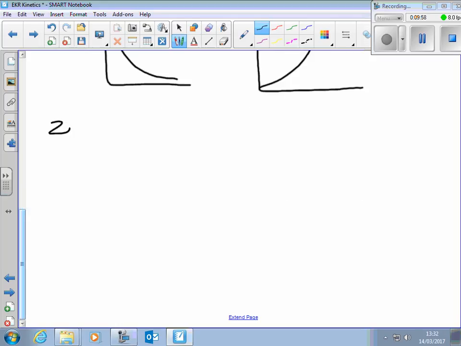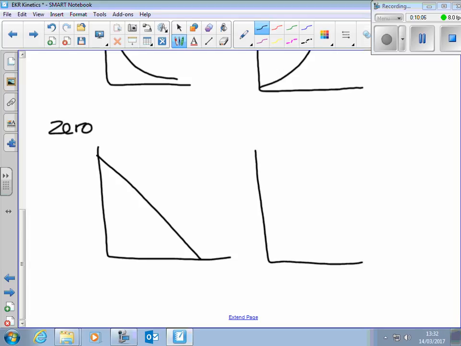So 0 order, for the first graph, you just get a diagonal going down like that. But for your second one, that's the one that's quite critical, because you're going to measure time. You then do 1 over time, and the risk is that you try and plot it too accurately, and that then often doesn't give you a straight line. If you round things up or down quite a lot, you'll find that you get a much straighter line.